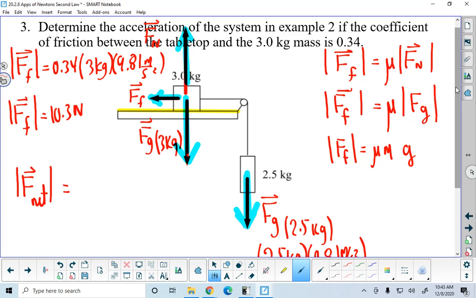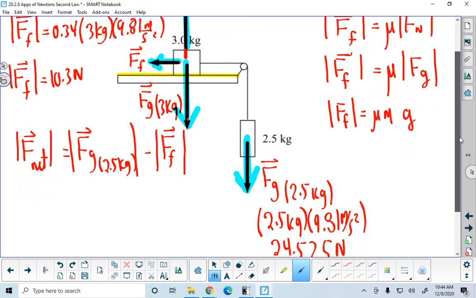F net will be equal to the force of gravity on the 2.5 kilogram mass minus the magnitude of the force of friction. Because the force of friction is opposing that downward force. The pulley is what's making them opposing. So now we can put things in.